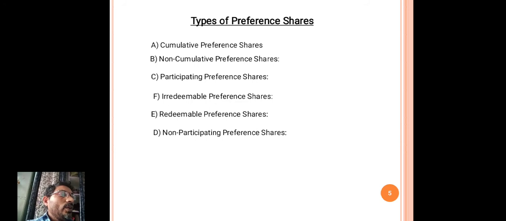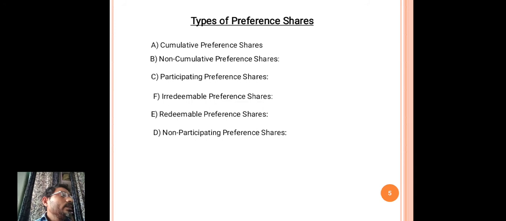Then non-participating preference shares. In the case of non-participating preference shares, they don't have any special rights in the surplus profits of a company, like participating preference shares.